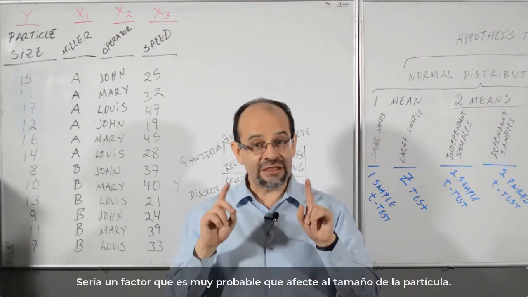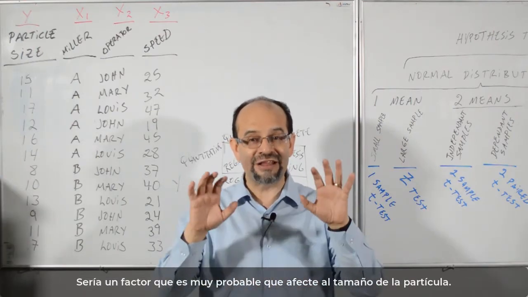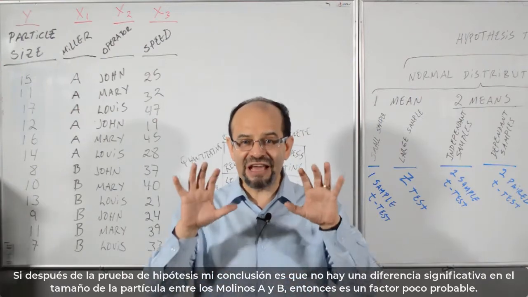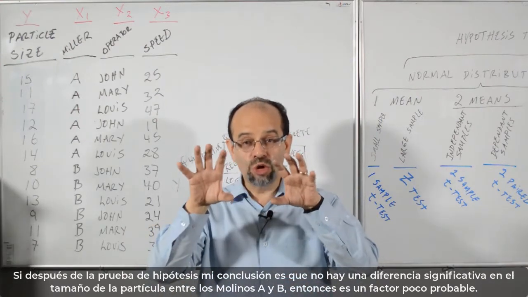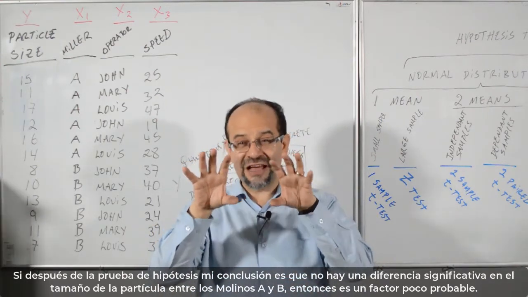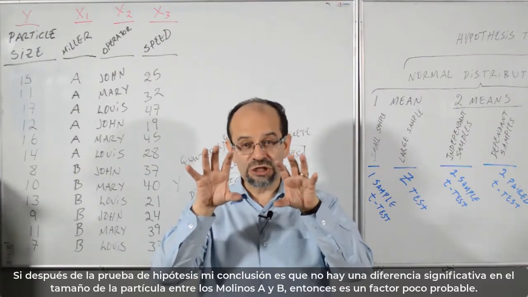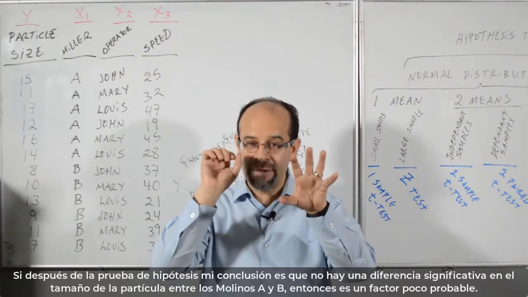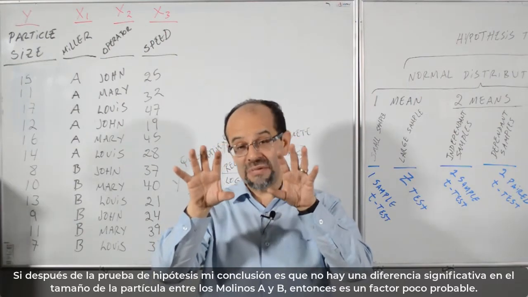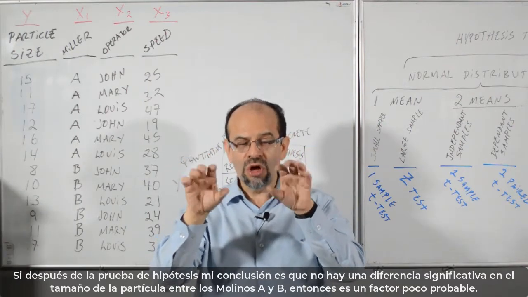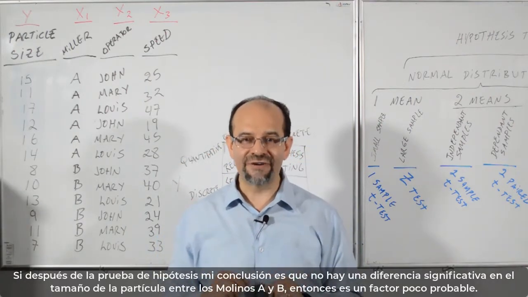That's a factor that very likely is affecting particle size. If after the hypothesis testing, my conclusion is there is not a significant difference in particle size between Miller A and Miller B, in terms of the mean for particle size, then that is a lowly likely factor.